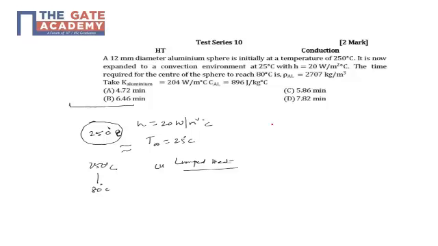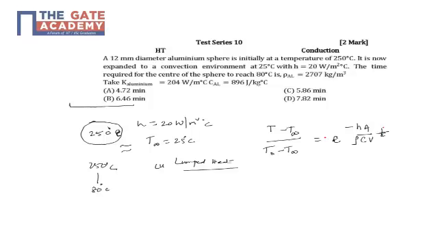So now the equation for the lumped heat transfer analysis is, let's say at a time t, in general equation I'm writing, (T minus T infinity) by the initial temperature gap. This ratio dies down exponentially, so it equals e to the power of minus hA by rho C V into t.